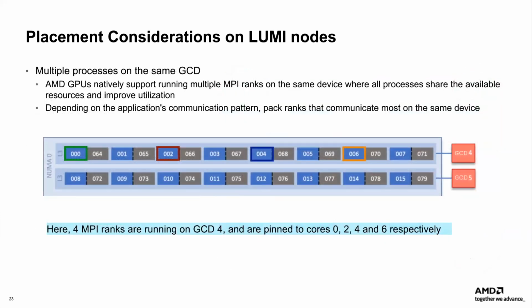And we can run multiple processes on the same GCD. If each process does not use all of the resources of the GPU very well, then packing multiple processes on the same GCD will improve utilization. And depending on the communication pattern, we can pack ranks that communicate a lot on the same device.